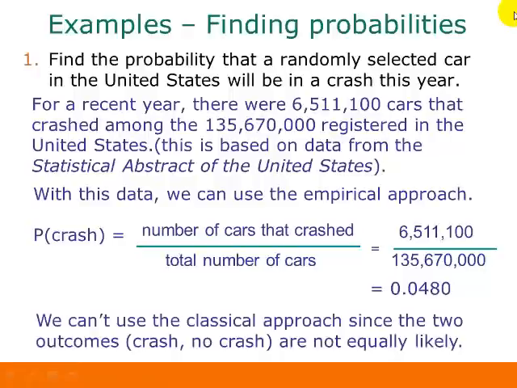Now in this one we couldn't use the classical approach since our two outcomes, that the car crashes or that it doesn't crash, are not equally likely. Really the only thing that we have is data, and so there's no way that we can do anything with equally likely outcomes in this one.